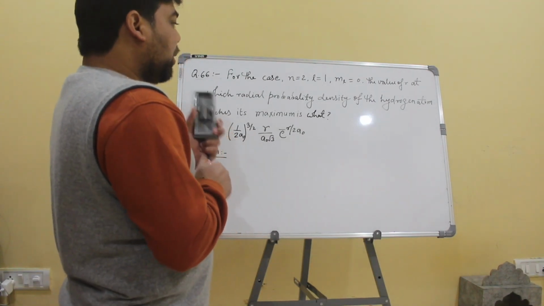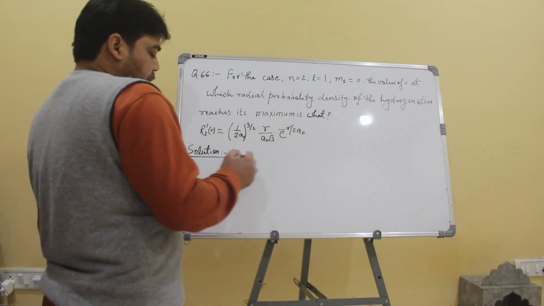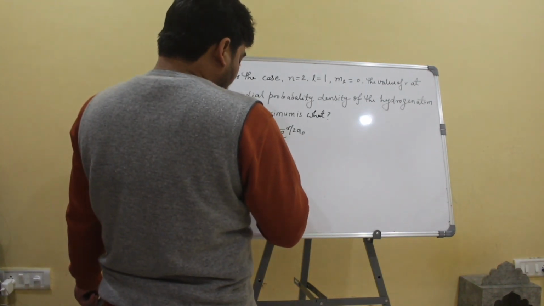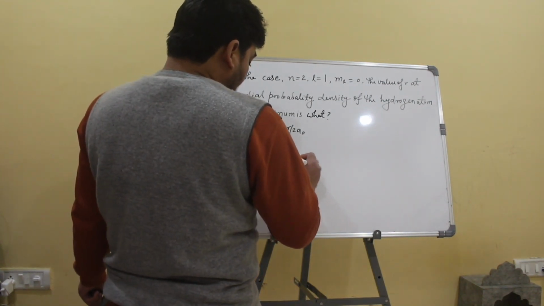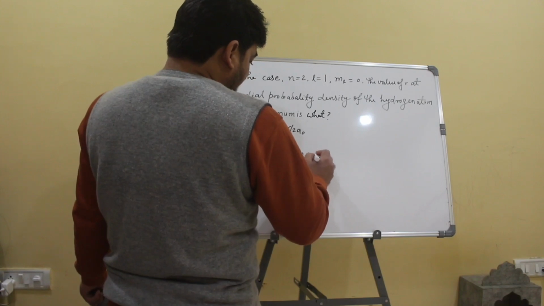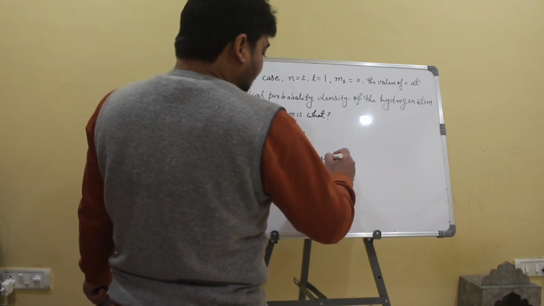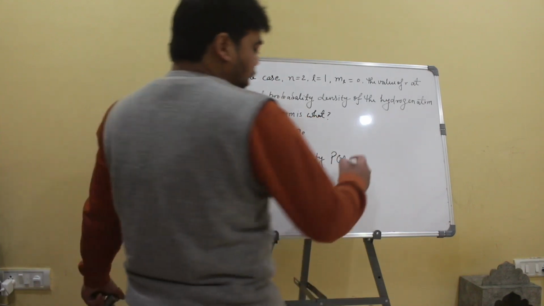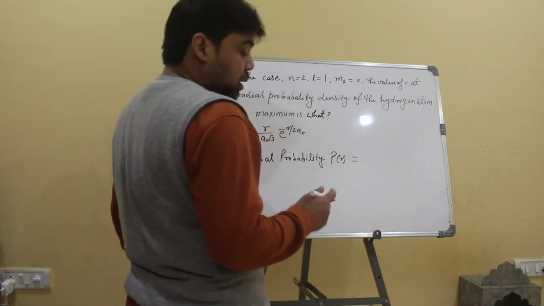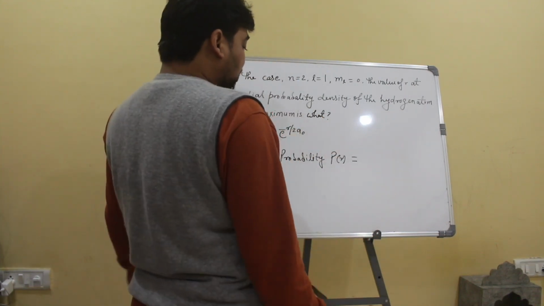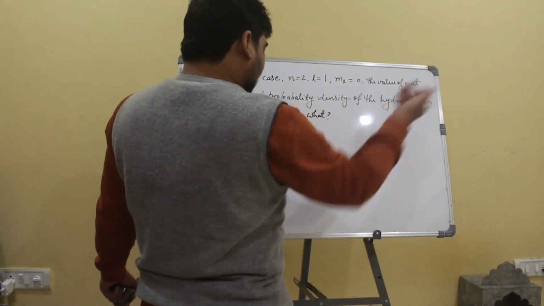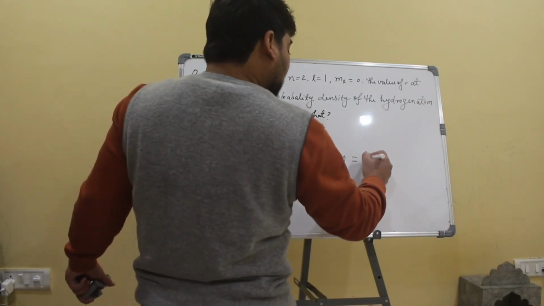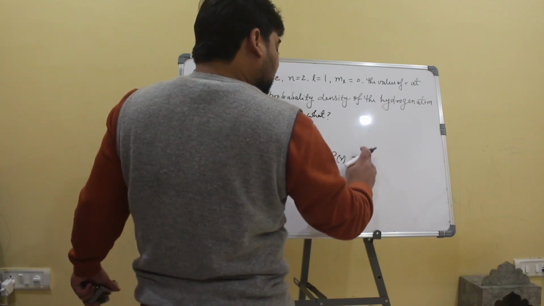So here radial probability density is basically defined by a general formula, denoted by P(r), where P is the probability density and it is a function of r.